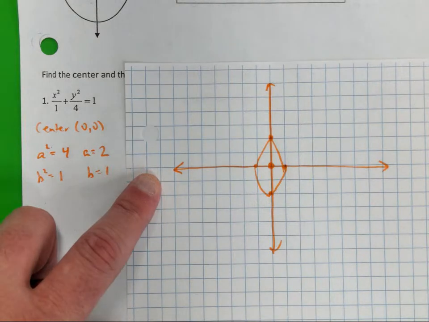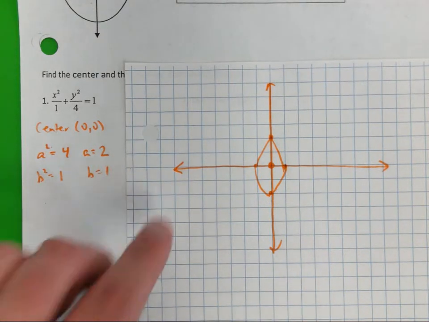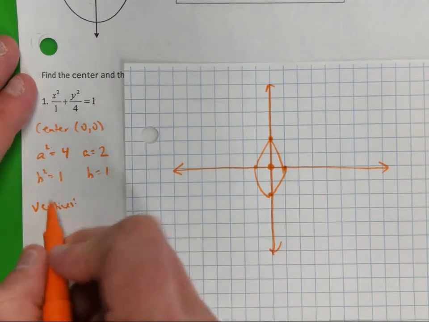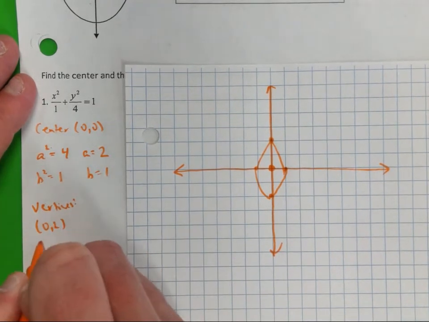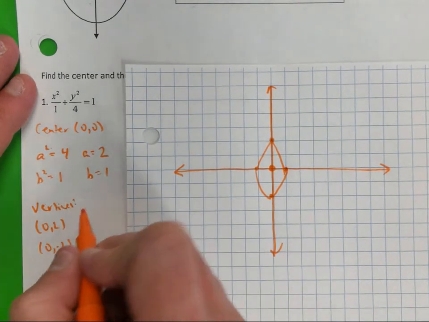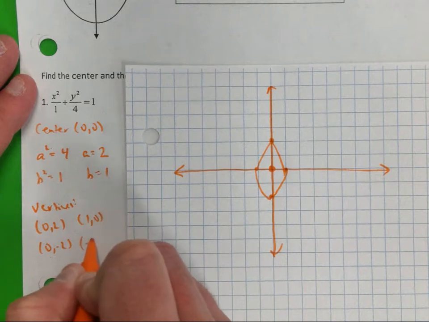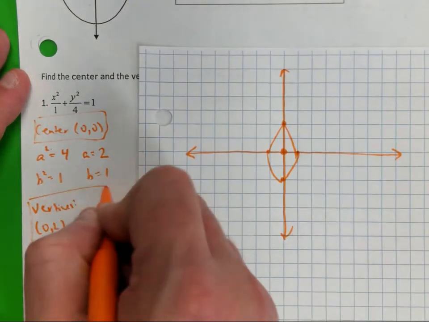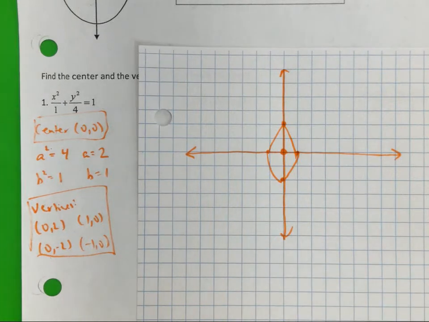And there's my ellipse. So then I write down my vertices. 0, 2, 0, negative 2, 1, 0, negative 1, 0. So my answers are the center, the vertices, and my graph.